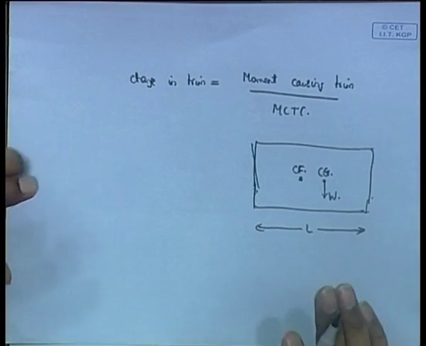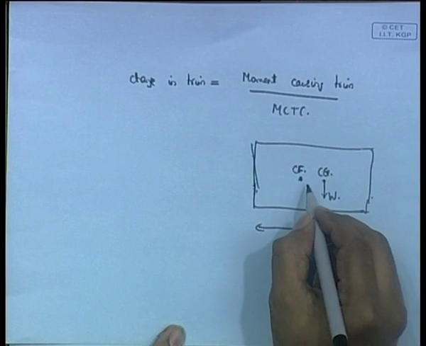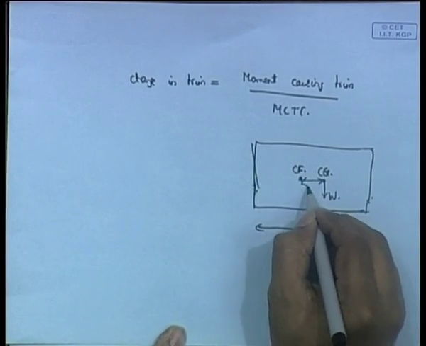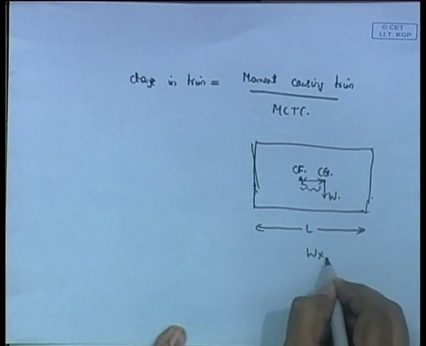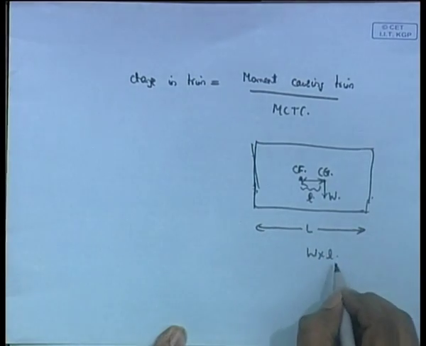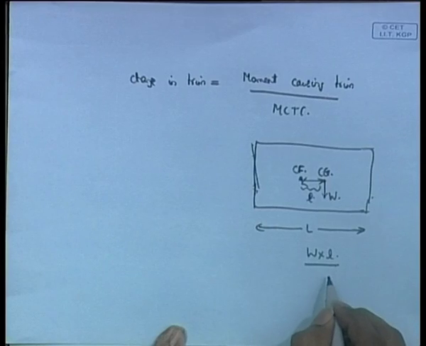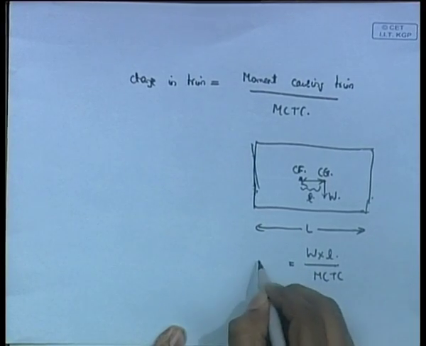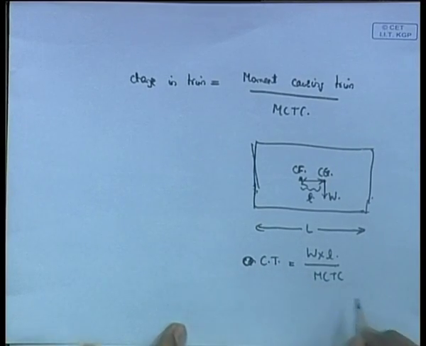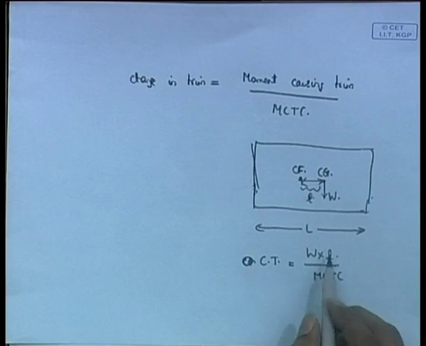So the moment caused is W into the distance between the center of gravity and the center of flotation, let us call it small l. W into l divided by MCTC will give you the change in trim. So what you need to know is the weight of the ship and the distance between the center of gravity and the center of flotation.